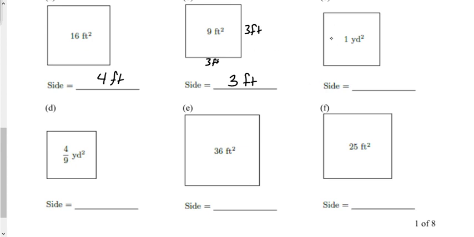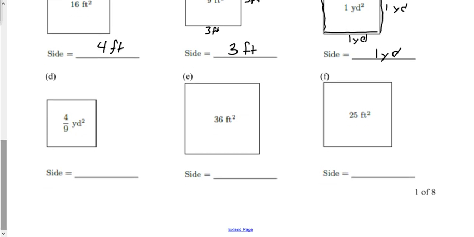Now this one might be a little bit trickier, but 1 square yard, what times itself is 1? Well, just 1 actually. So this is 1 yard on a side. So you could think of laying down a yardstick, and if you lay a yardstick down one way and you lay a yardstick down the other way across it, and then if you turn that into a square, then that area is 1 square yard.